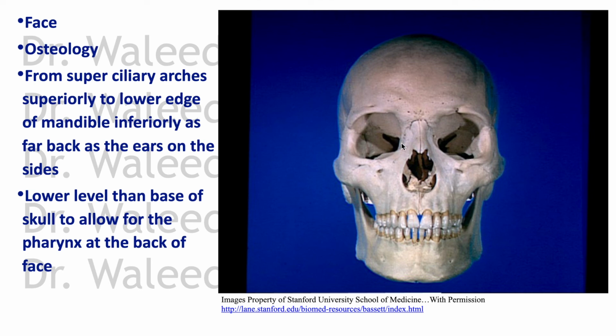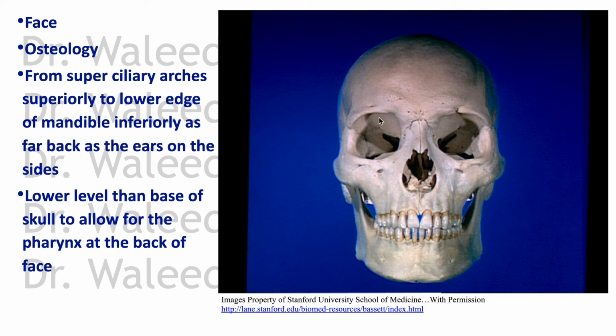The medial wall of the orbit is the lateral wall of the nose. Don't forget this relation. It's not completely below the orbital cavities, the nose. And also notice that the floor of the nose is the roof of the oral cavity, which is the hard palate, as you can see here.